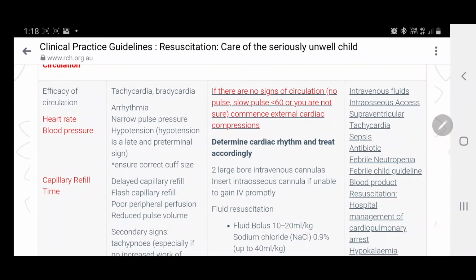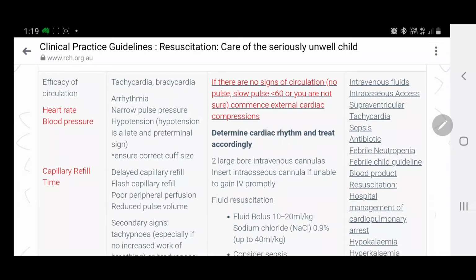Okay, so what about management? If there are no signs of circulation, no pulse, slow pulse below 60, or you are not sure, commence external cardiac compressions. This is important. Determine cardiac rhythm and treat accordingly.